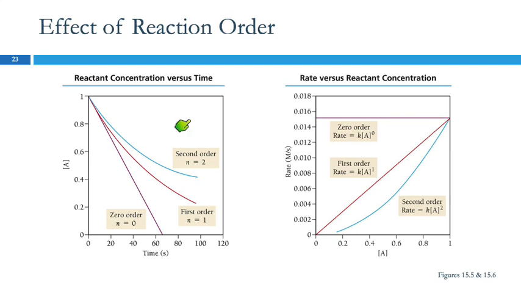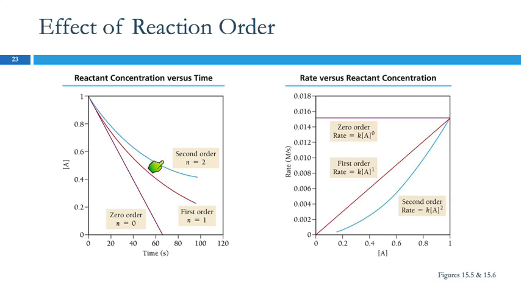So in this graph, we are looking at reaction concentration versus time. So here's the concentration of our reactant as a function of time. And the graph we looked at on Monday looked more like this. It had a definite curve to it.